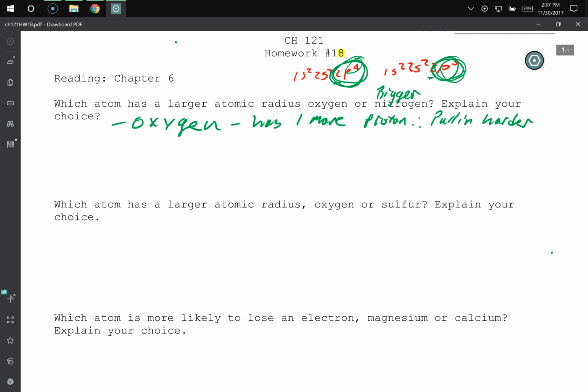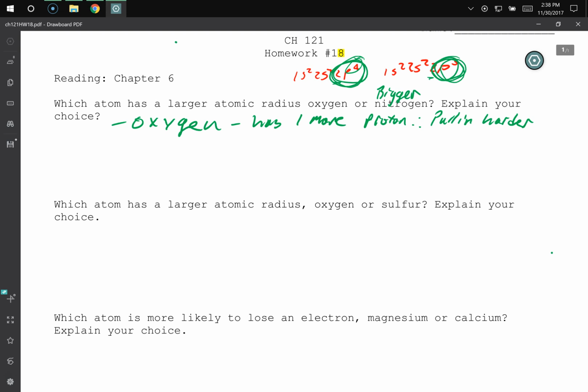We okay with that? It's the same distance away, the location, but now the thing that's holding them all in is stronger. Does that make sense? So what I've done is I've placed the next electron into a partially filled sublevel.